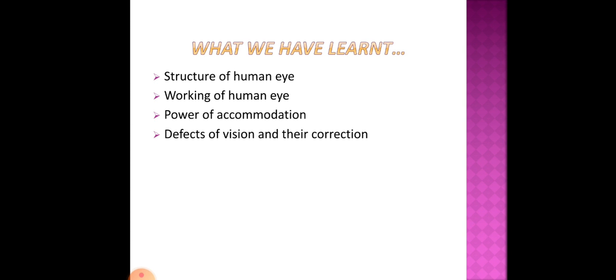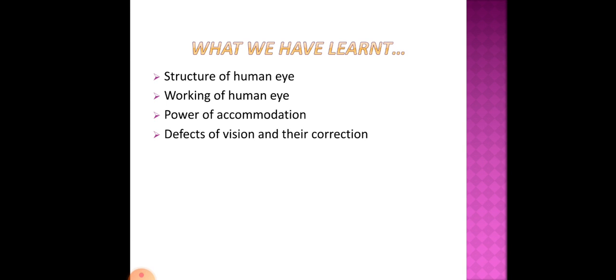We have seen that due to some reasons our eye lens loses this ability of adjustment of its focal length. As a result, defects arise. Under these defects of vision, we discussed three defects which are myopia, hypermetropia and presbyopia.